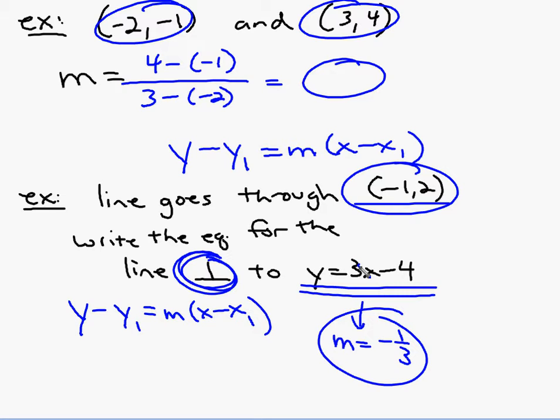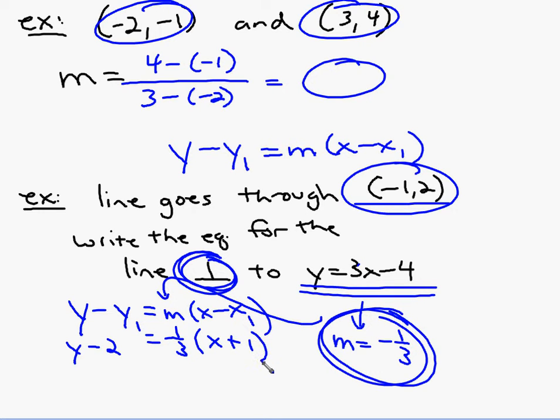This is a much easier process. Just change your slope, make it the opposite reciprocal. That slope, negative 1/3, is going to go right here. And then you plug in your point: y minus 2, and then x minus a negative 1, which will become x plus 1. That's all you got to do. And then if you wanted it in slope-intercept form, you would solve it for y.